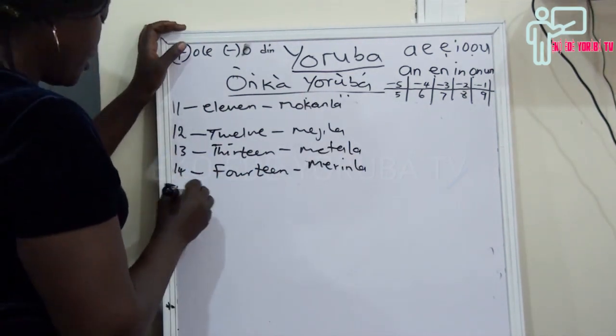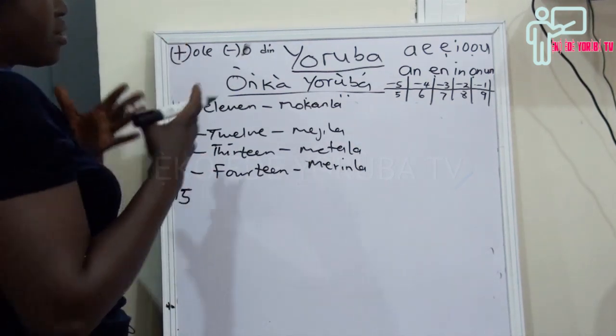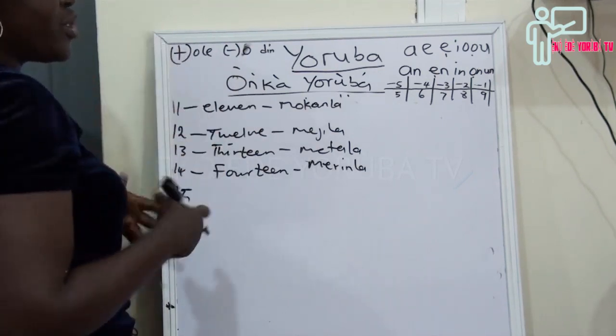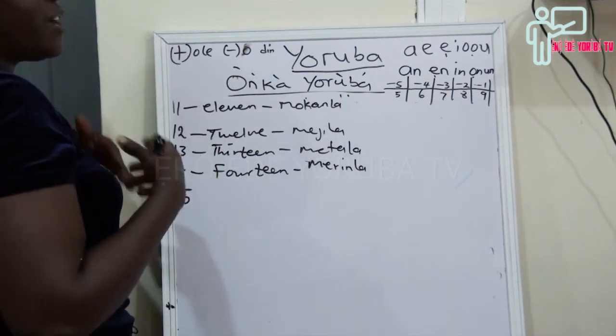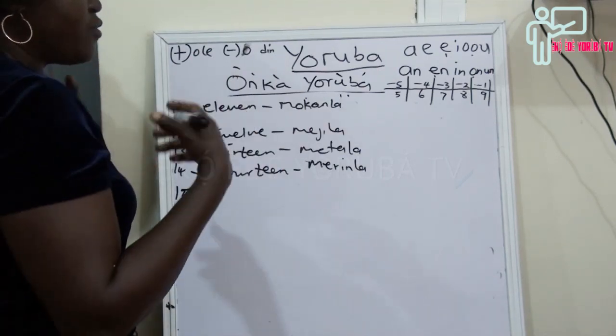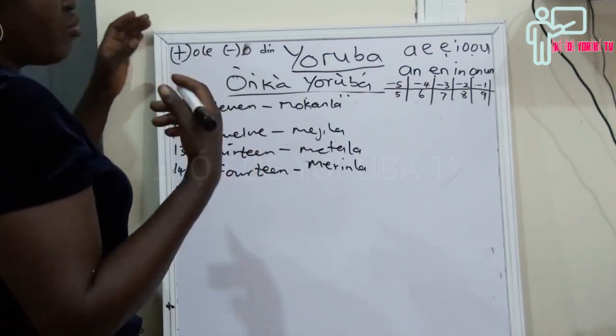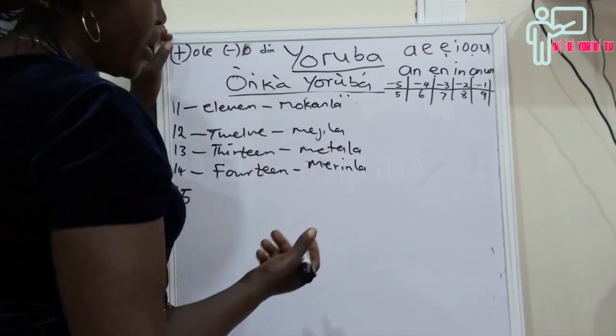So that's 15 now. That's where minus starts. Anything that ends with 5, like 15, 25, 35, 45, 55, 65, 75, the number will be reducing, which is take away.